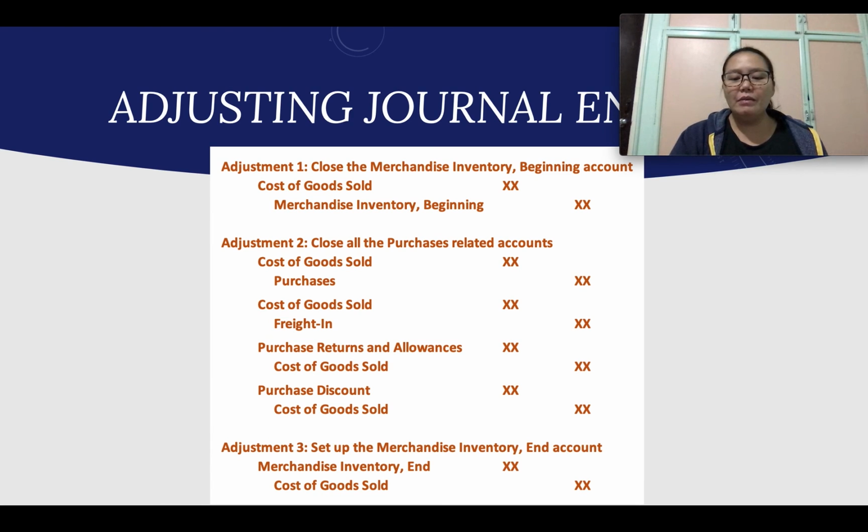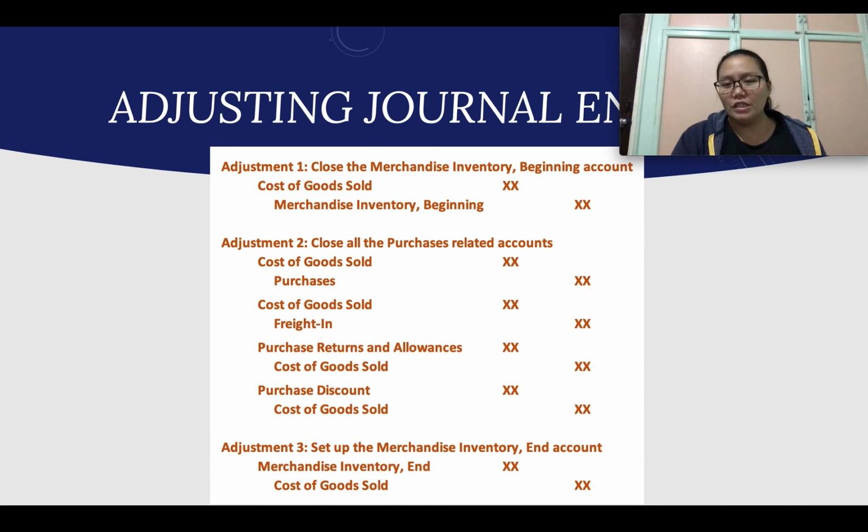So for the prepayments, these are expenses that we have already paid for but not yet incurred or used. And then we also have unearned income. So these are income that we have collected cash from, but we haven't performed the services or we haven't delivered the goods yet. We also have adjustments for depreciation expense as well as adjustments for bad debts expense.